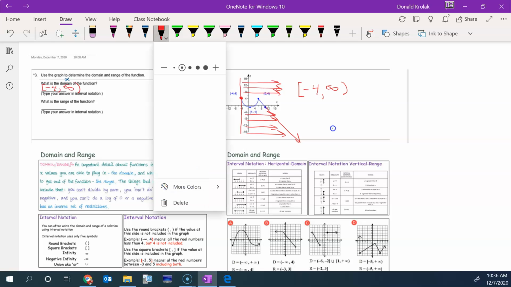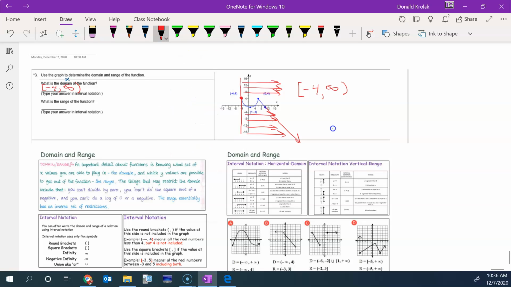All right, my y coordinate or my range is going to be from the lowest y value up to the highest y value. Well, this graph continues forever. So my lowest y value, there isn't one, it's negative infinity, and this graph would extend up to the y value 4.